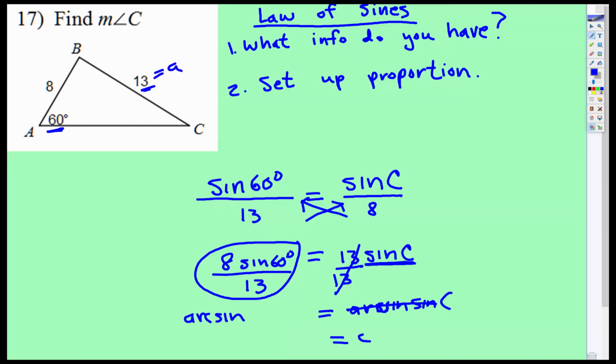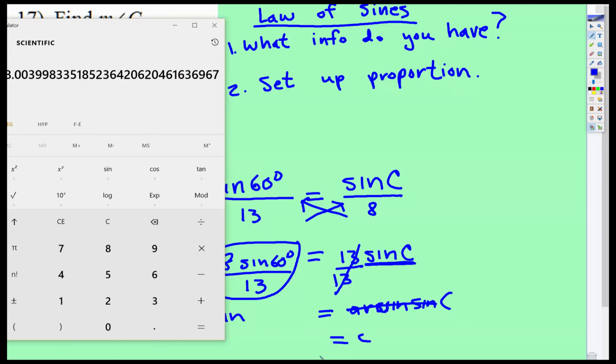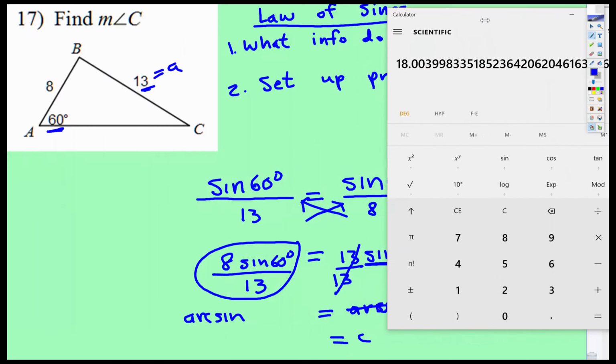So let's go ahead and type that into the calculator. Let's bring the calculator up. And we have, clear that out, in parentheses, 8 times sine 60, right parenthesis, divide 13, equals.